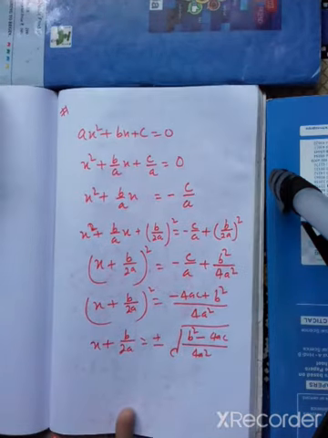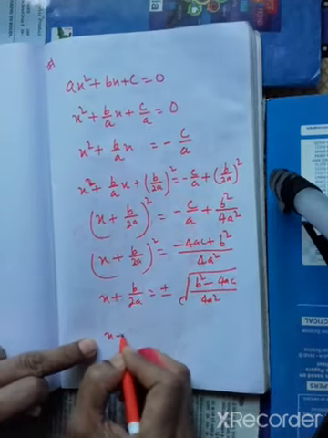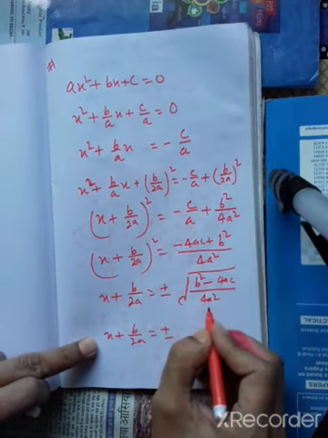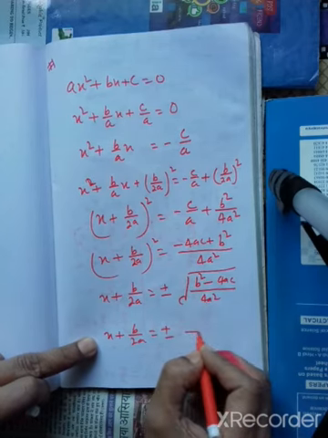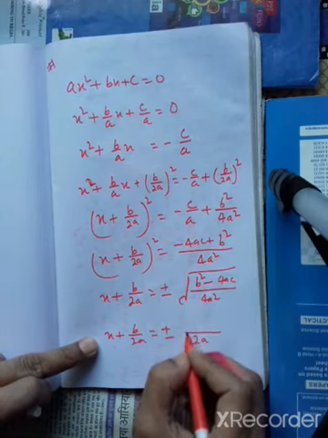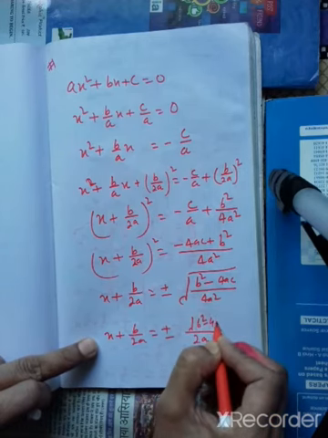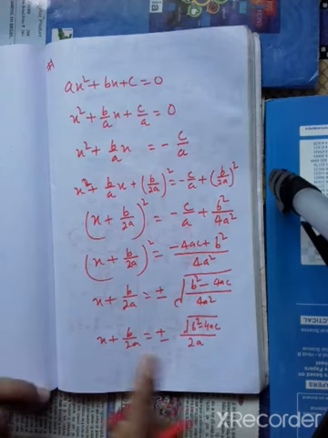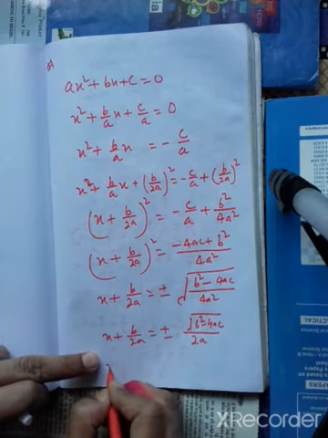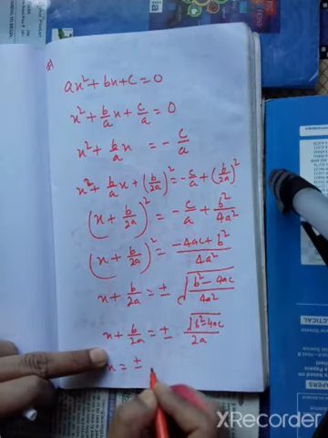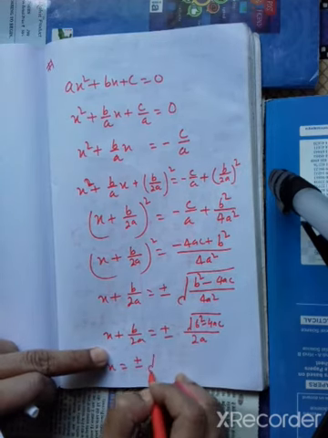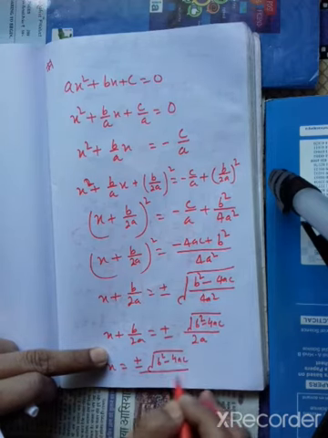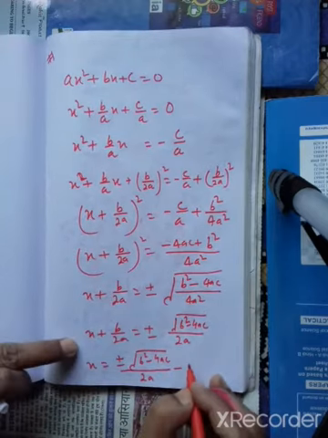Then x plus b by 2a equals plus minus the square root of 4a square, which is 2a, and b square minus 4ac will be like this. Now we are going to transpose this b by 2a to the right hand side. So we will have x is equal to plus minus square root of b square minus 4ac by 2a minus b by 2a.